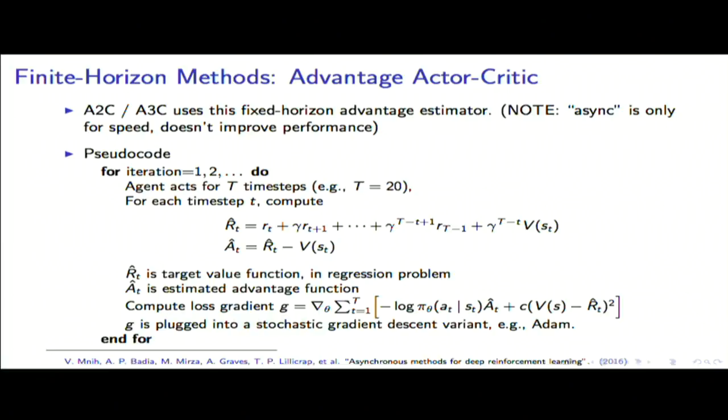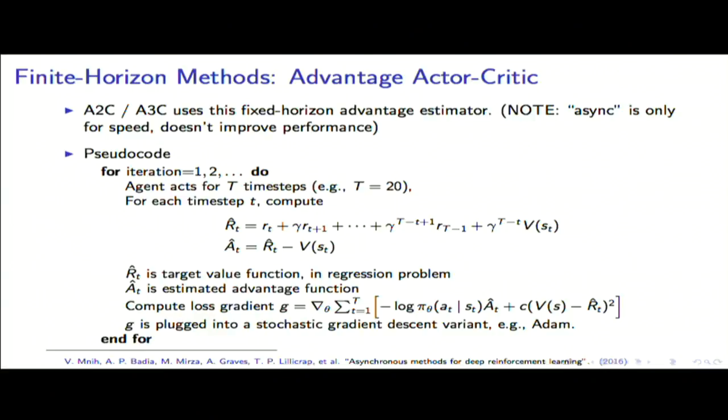Then you update your network, which is the policy and the value function, by computing the gradient of an expression that adds together the surrogate we described previously, log probability times advantage, and the value function fit error.